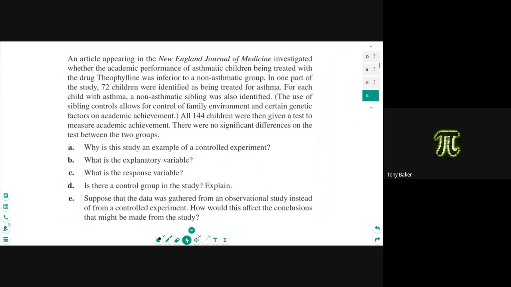Almost. So we have a control group because we have the sibling group, but that's not what makes it a controlled experiment. What is the difference between an observation and a controlled experiment? What's the one key difference? They're doing something.